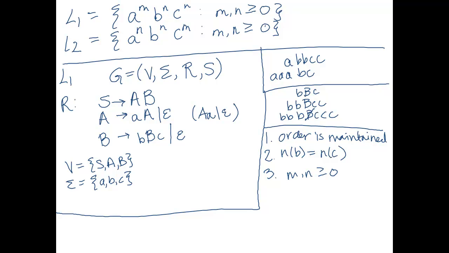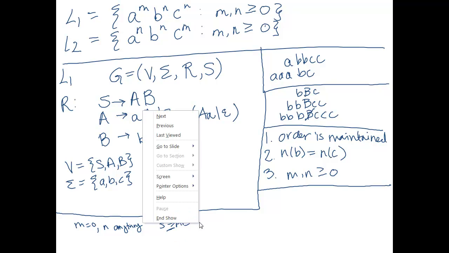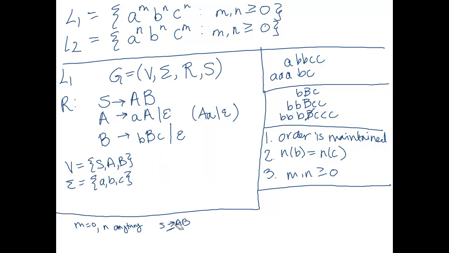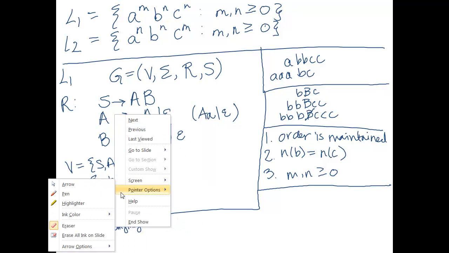So this means, let's let, I'm going to do it over here, I'm running out of room. Let's let M equal 0, and N can be anything. Okay, so what was M? M was the number of A's. So if I take the rule S goes to AB, and then I take, so let's make this a derivation.